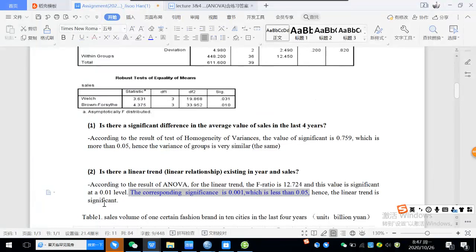Okay, you don't need to write this. Why? Because this value is significant at the 0.01 level. If this value is significant at the 0.01 level, then the significance is absolutely less than 0.05. Significant at the 0.01 level means the corresponding significance is less than 0.01. Okay, so it is not necessary to write it again. Hence, the linear trend is very significant.